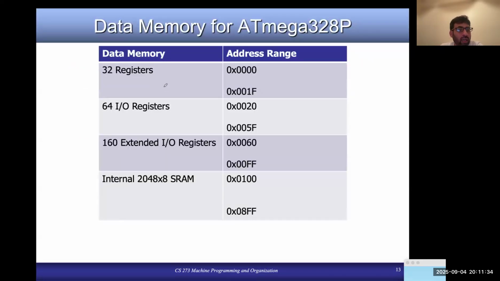So the whole address range which is generated for the data memory in the AVR microcontroller 328P is divided into different sections. The addresses starting from 0000 to 001F are used for general purpose registers.